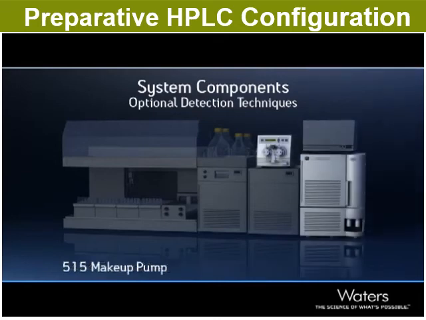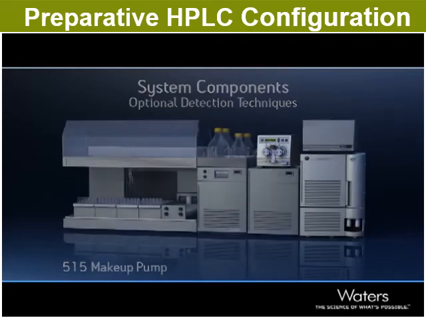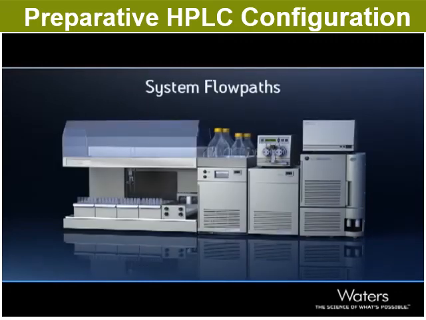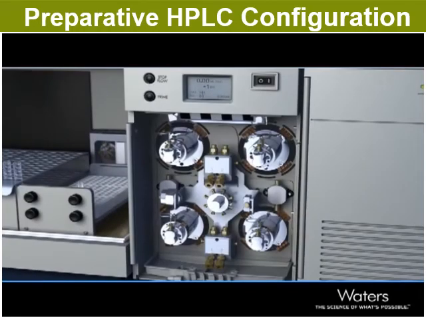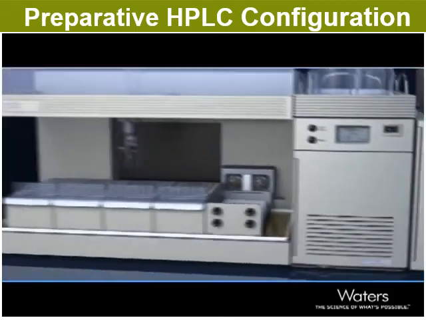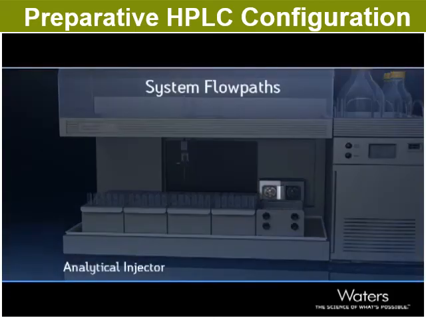For mass-directed systems, a 515 makeup pump is included. The system performs analytical and preparative chromatography via separate flow paths. Unique solvent delivery technology enables the pump to deliver analytical flow rates to the analytical injector, and then much greater preparative flow rates to the preparative injector on the same autosampler.